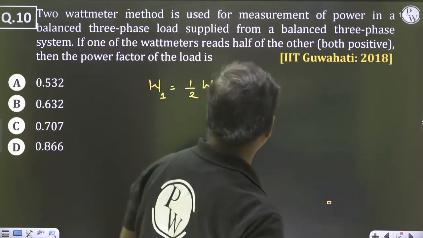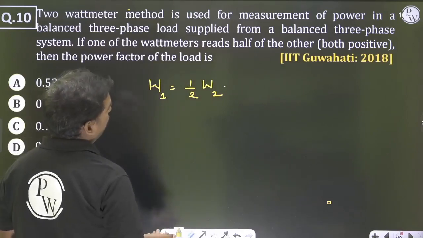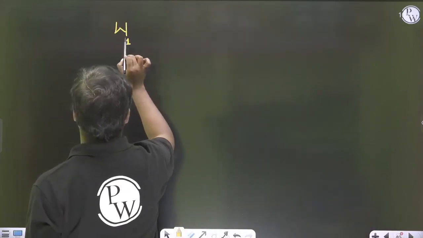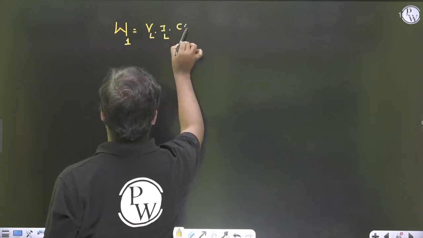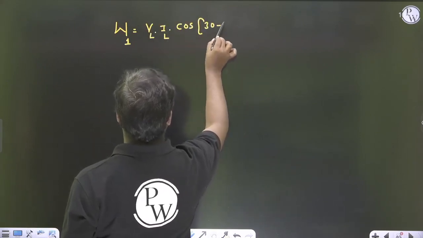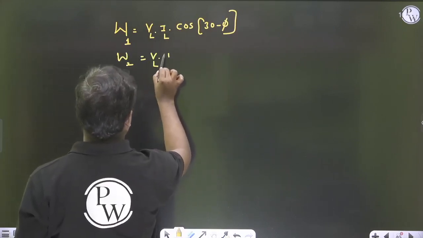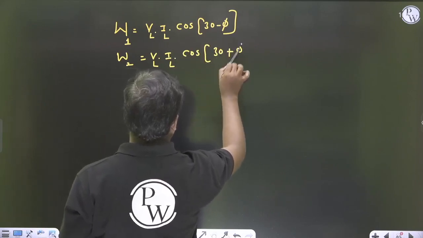So now what to do? W1 is equal to half of the W2, or W2 is equal to half of the W1, anything it can be. In that situation, better you go for this formula. Don't confuse about that formula. So W1 is VLIL cos of 30 minus phi and W2 is equal to VLIL cos of 30 plus phi.